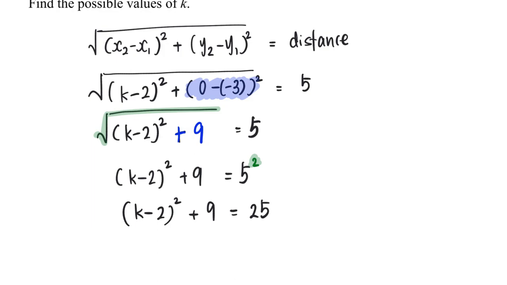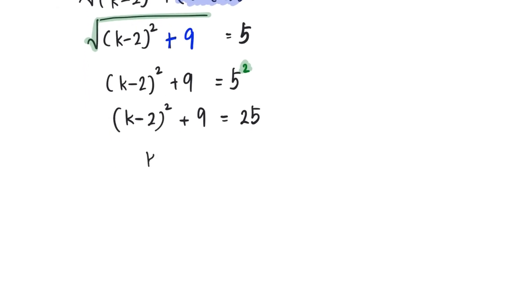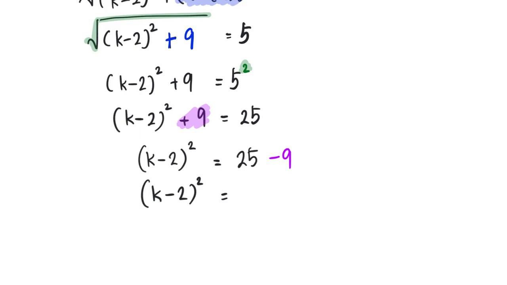5 square is 25. As I continue to solve this, k minus 2 bracket square is equals to 25. I'm going to minus 9 on both sides, so that here no more 9. And that will actually give me 25 minus 9 will be 16.